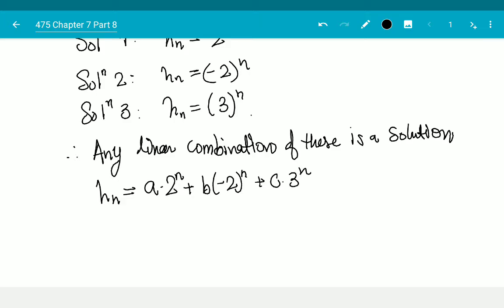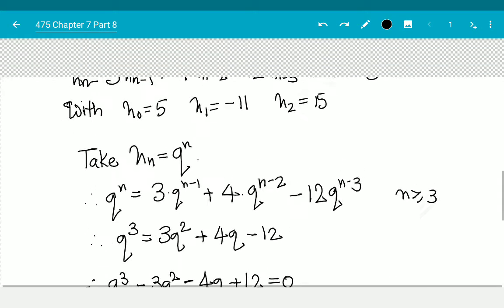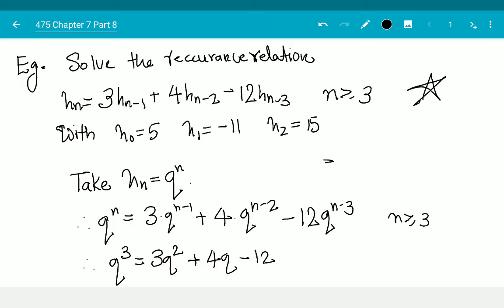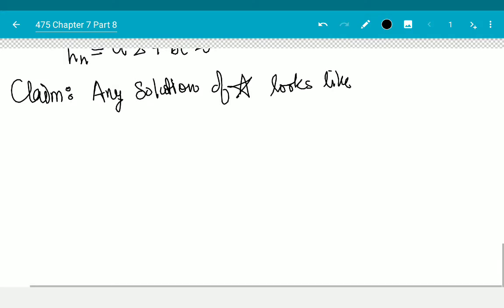Okay, and now I say that, oh, any solution, claim: any solution of, let me mark this maybe as star, any solution of star looks like this.